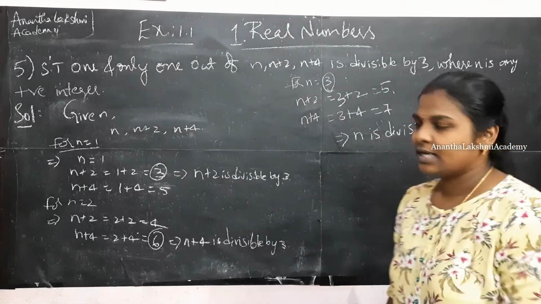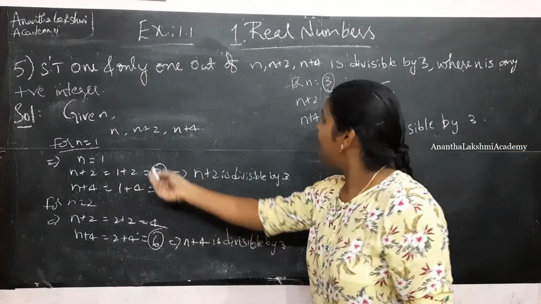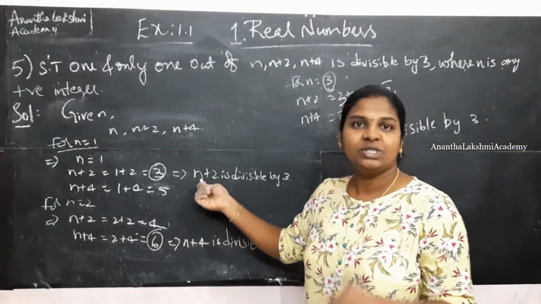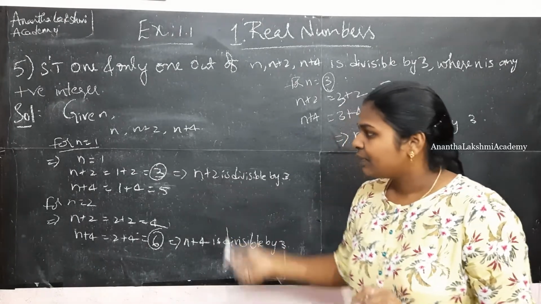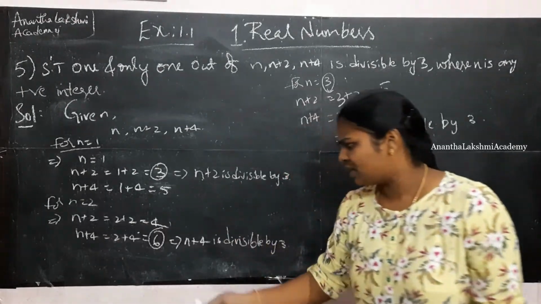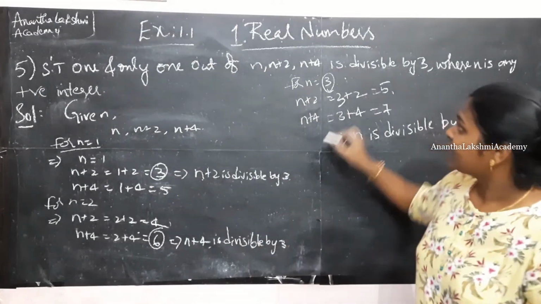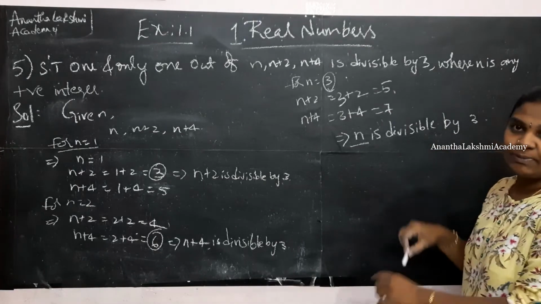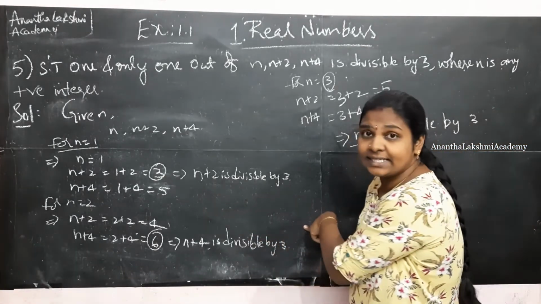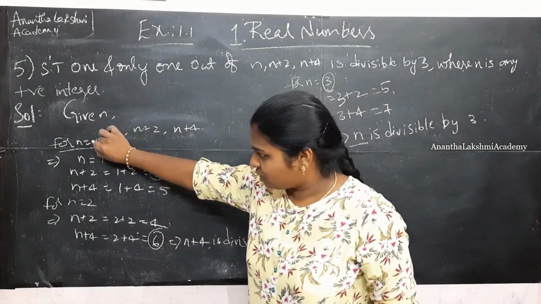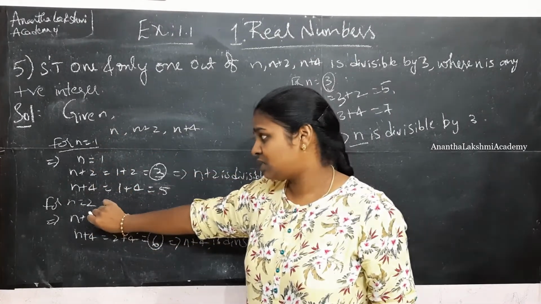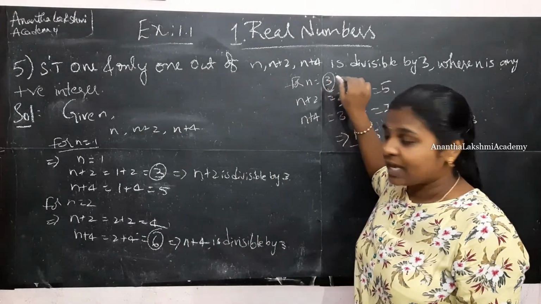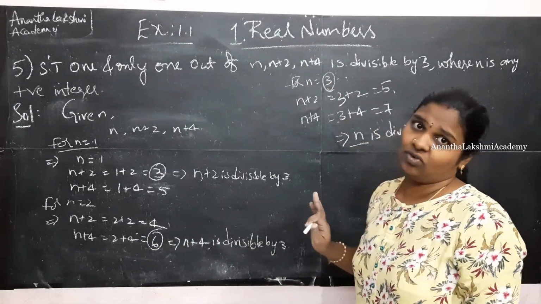Now for the values we have taken, 1, 2 and 3, when we substituted 1, only one value, n plus 2, is divisible by 3. When we substituted 2, only one value, n plus 4, is divisible by 3. And when we substituted 3, we got n which is divisible by 3. So when I substituted 1 it was n plus 2, when I substituted 2 it was n plus 4, and when I substituted n is equal to 3 it was n.